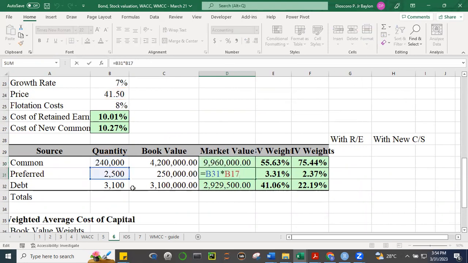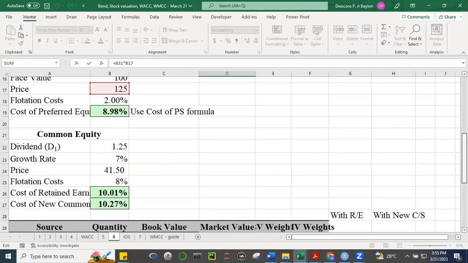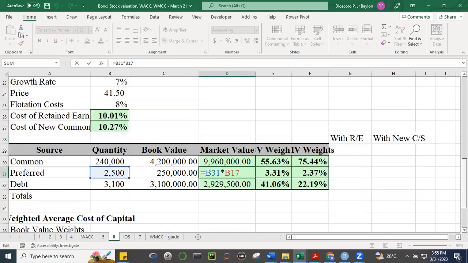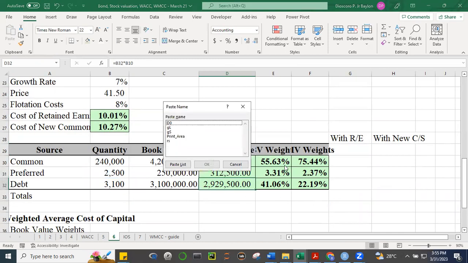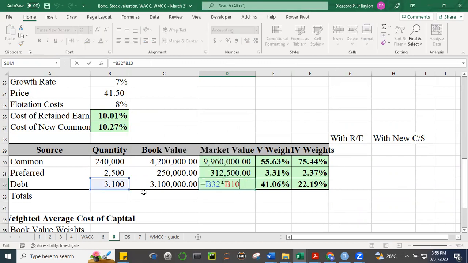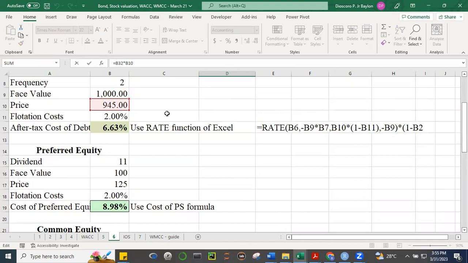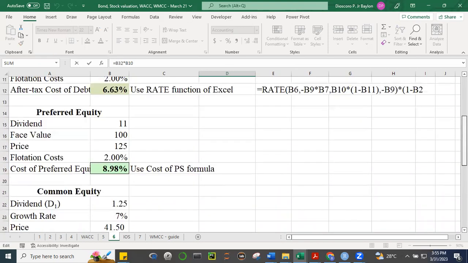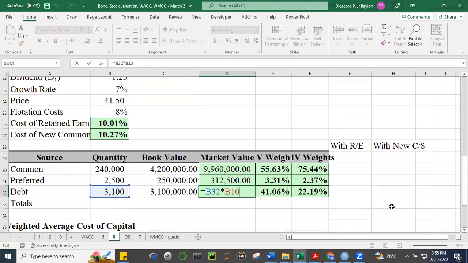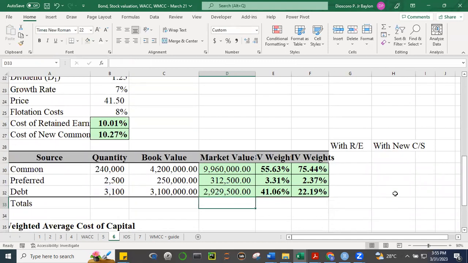Also for the preferred, quantity times how much the price now of preferred stock is. And then for this one, it's also the quantity 31 multiplied by the market value, 945. Okay, so that gives us our market values.